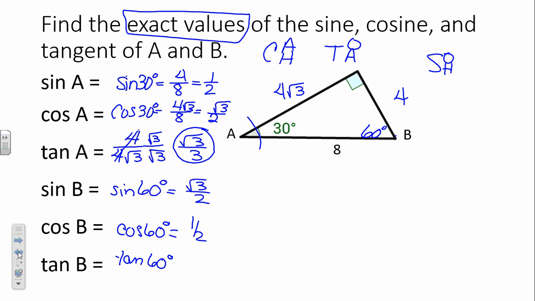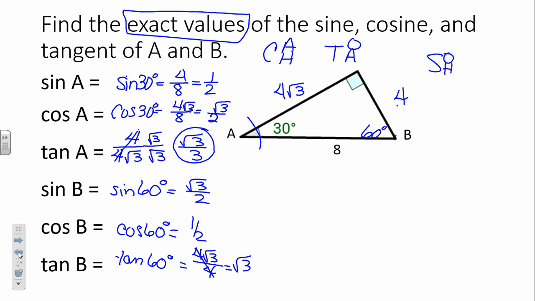Which one's opposite 60? And which one is the adjacent to 60? So 4 square roots of 3 over 4 will reduce to plain old square root of 3. So when they're looking for exact values, that's what they're wanting to see. Radicals, not decimals. Make sense?